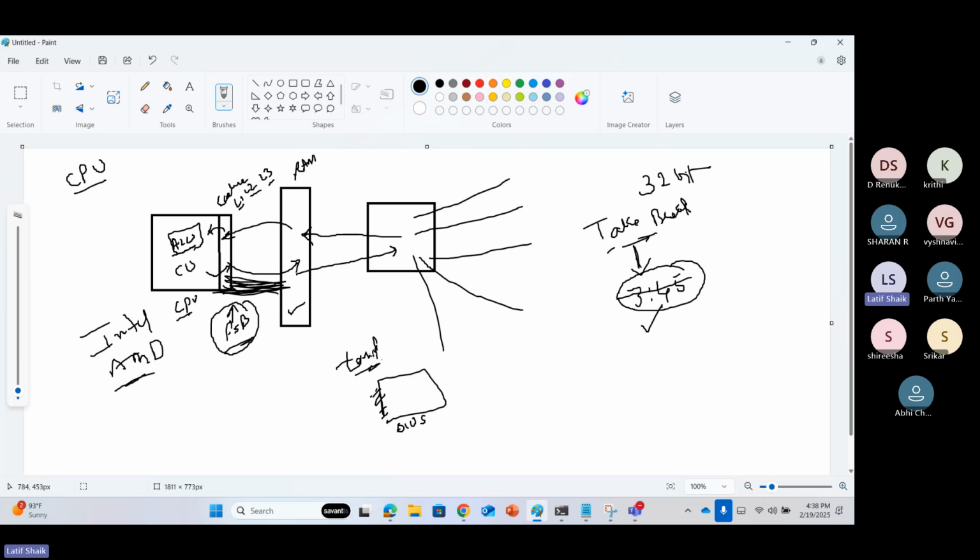When you shut down your PC, the data is gone, which means we need some power supply. So we take a battery, and we give continuous power supply using this battery. The battery is actually a lithium battery, 3 volts. We are providing continuous power supply to your BIOS.